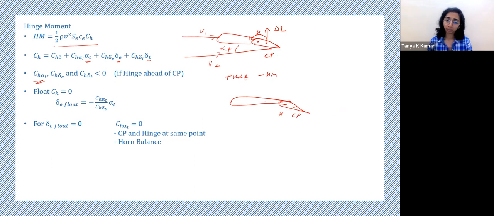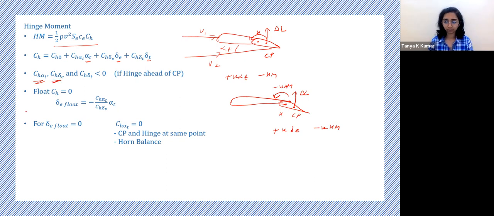Due to the change in camber, you have again a delta L. Again, the moment seen at the hinge is pitch down, which is negative. You have negative hinge moment for positive delta E. So positive delta E gives you negative hinge moment. So again, C_H delta E is negative.